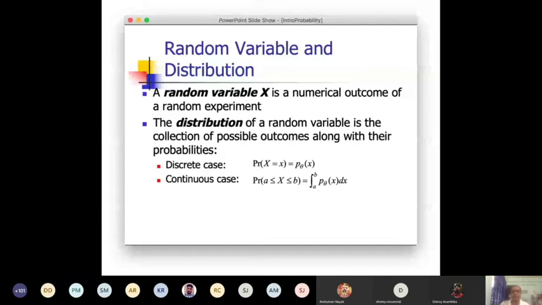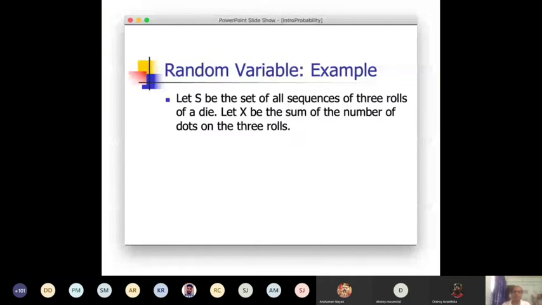So, some examples of random variables. Suppose you consider the sample space, the set of all sequences of 3 rolls of a die. Now, for each kind of outcome, you consider x as a random variable, which is the sum of the number of dots on the 3 rolls.